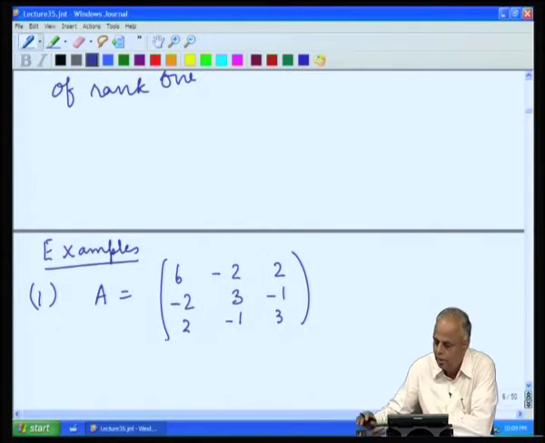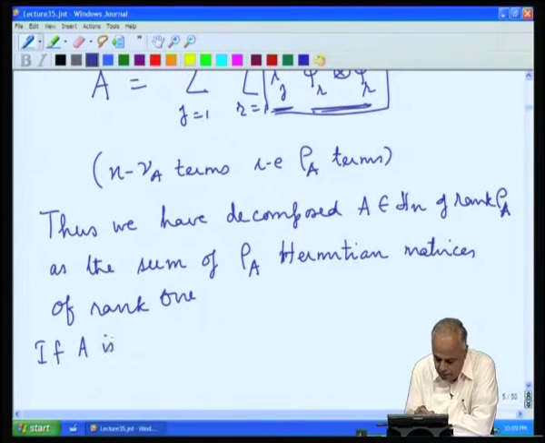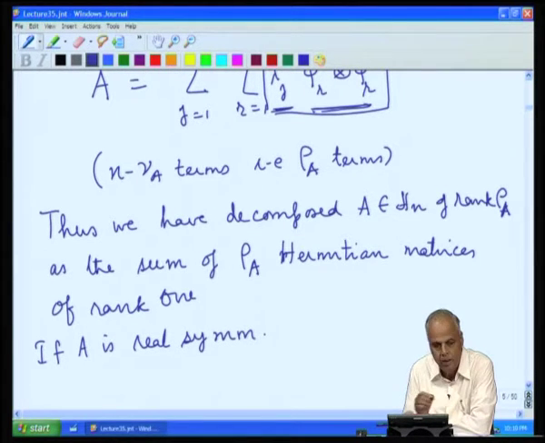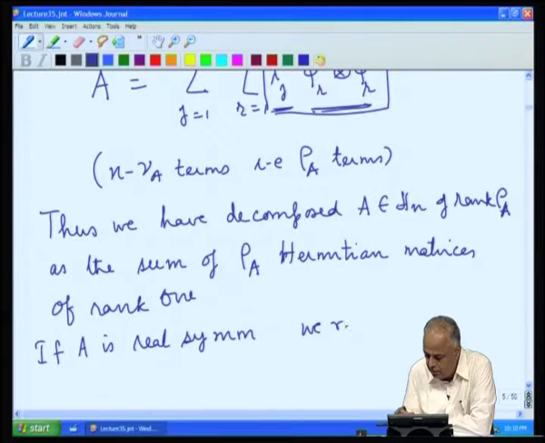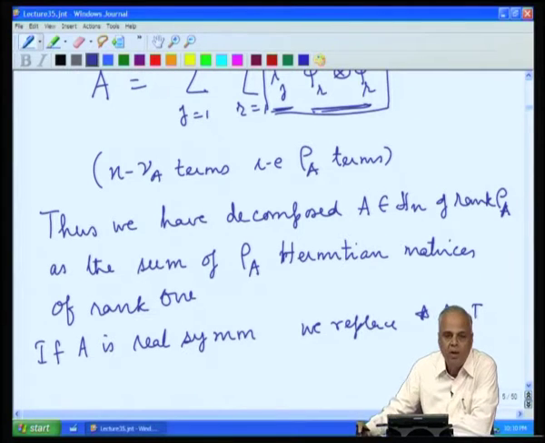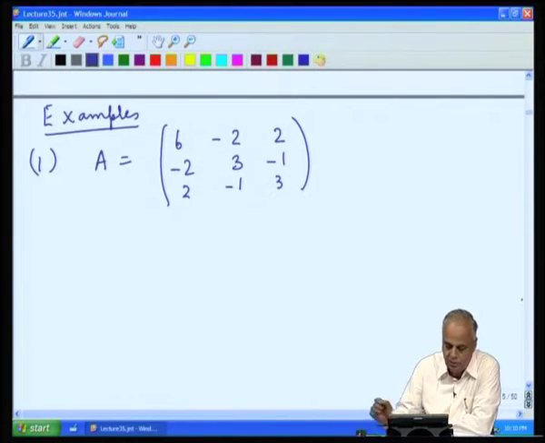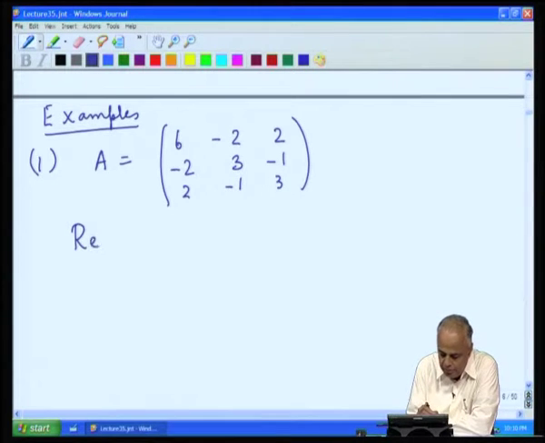You see that in all the above decompositions, in particular if A is real symmetric, we replace star by transpose everywhere, because conjugation does not give anything new in the real situation. So, this is a real symmetric matrix.